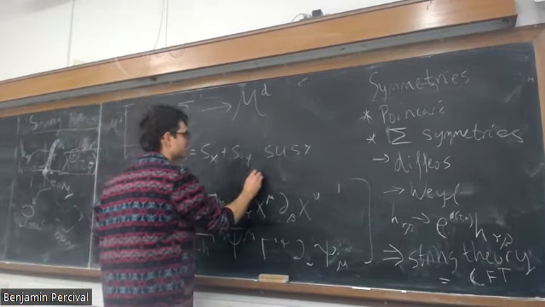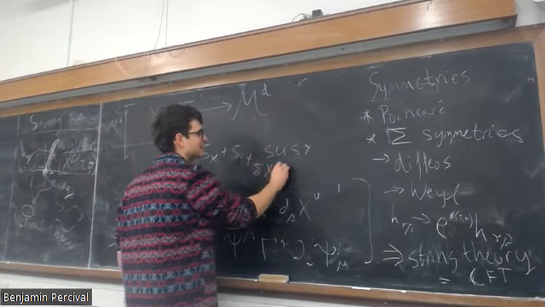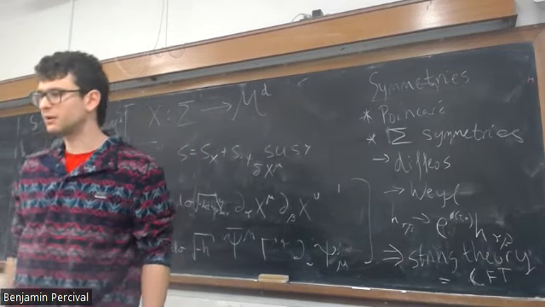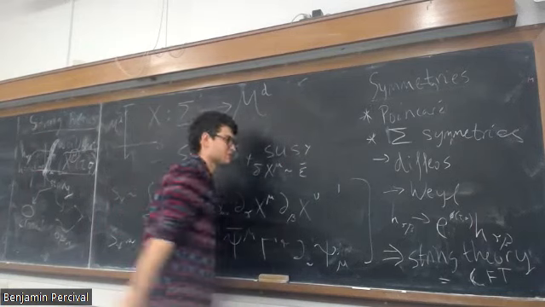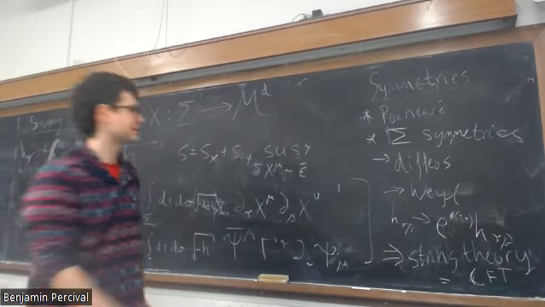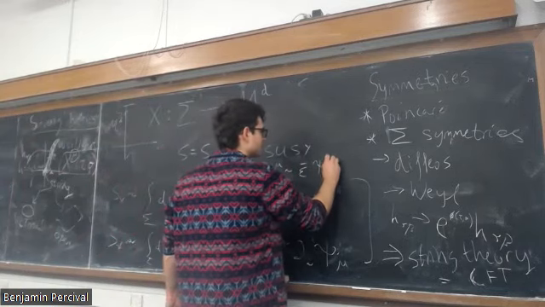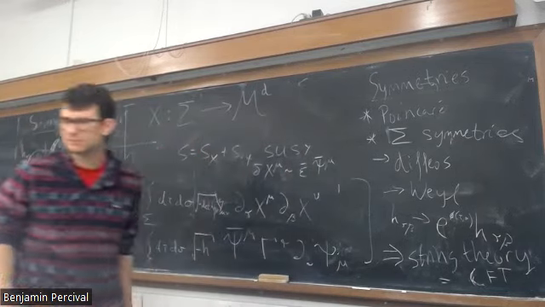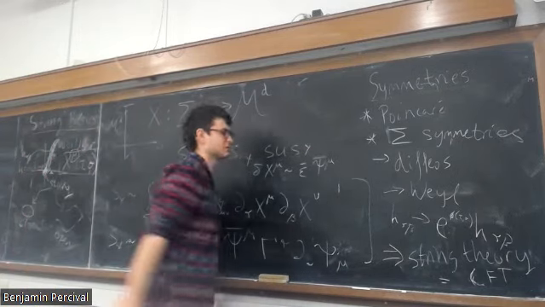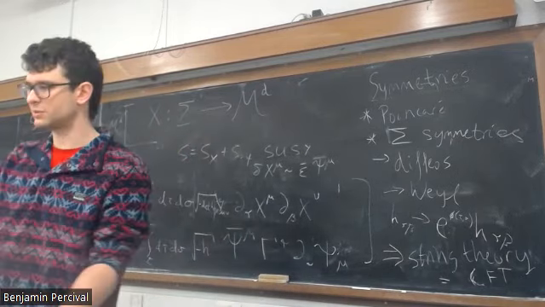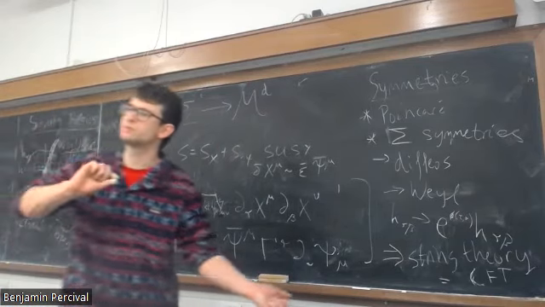You could do an infinitesimal transformation of x mu that would be something like a spinor parameter times psi mu, and you could also do a transformation to go the other way.